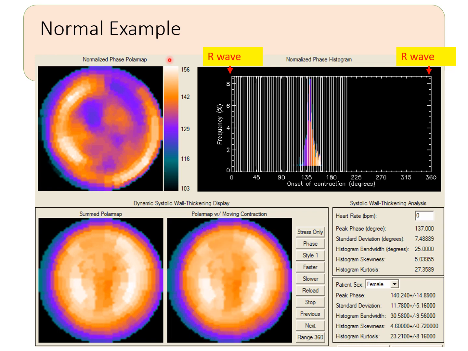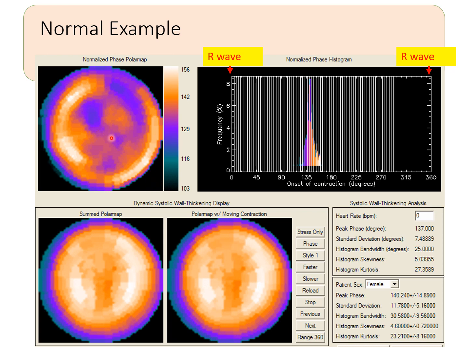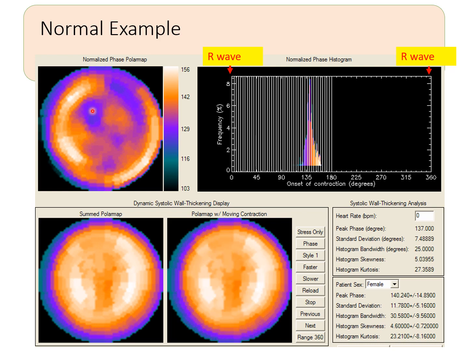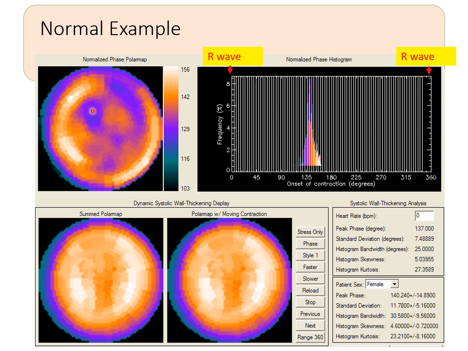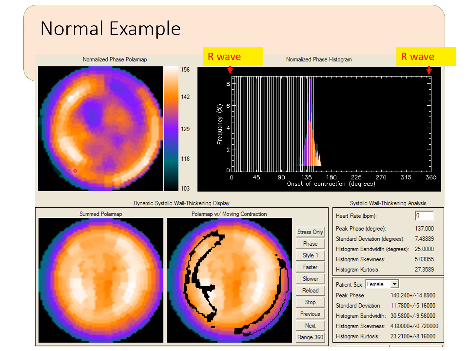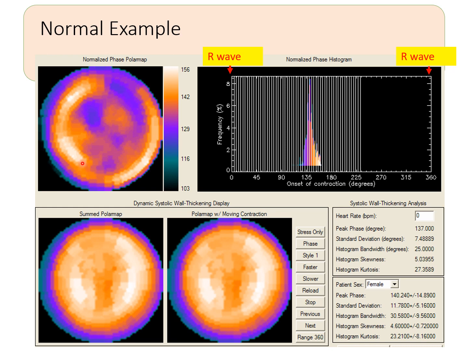So when we look at it here, color coded, dark means early, bright means late within the LV contraction. So you're basically seeing the earliest in this normal patient. This is the bundle of His. It jumps to the apex, and from there it propagates out to the septum and the lateral wall.